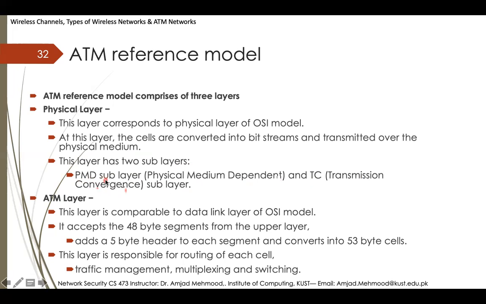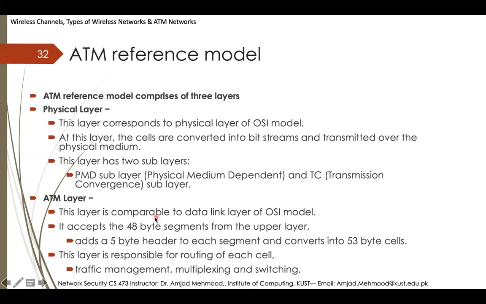The PMD sublayer converts the packet into a bit stream to transmit over the physical medium, whereas the transmission convergence sublayer converts the data into cells to pass to the next layer, which is called the ATM layer.